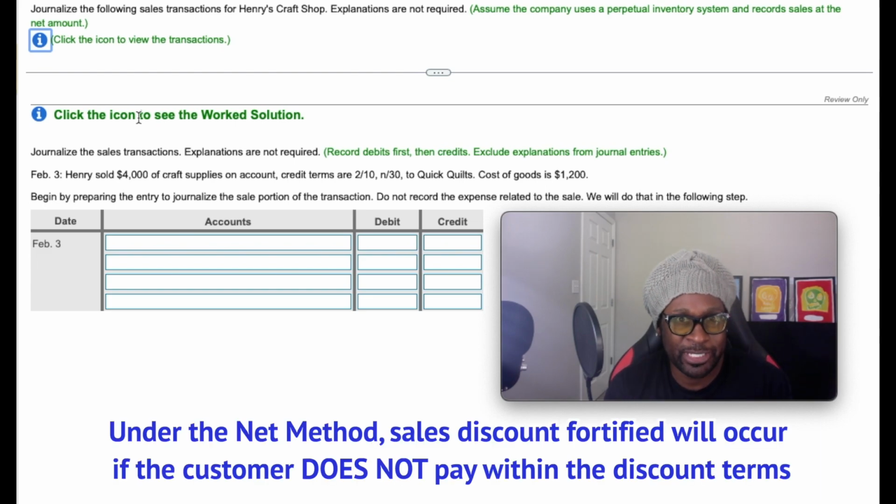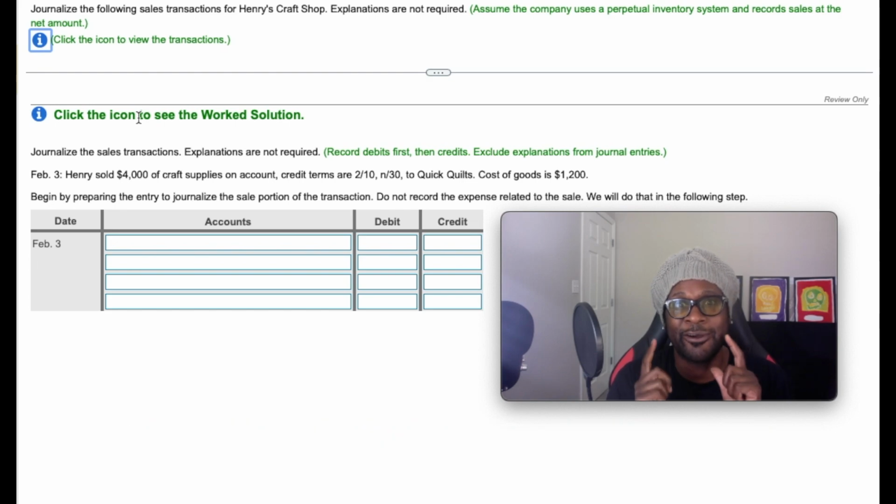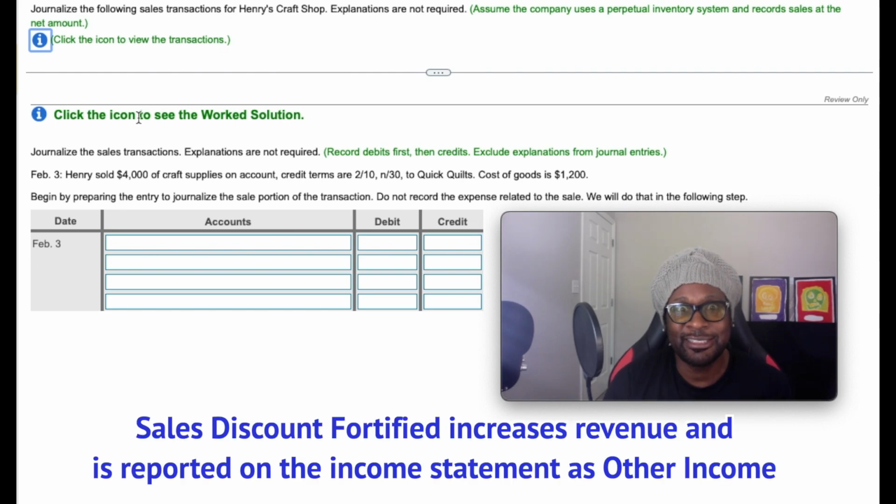With that being said, if the customer pays outside the discount terms, thus not truly utilizing the discount available, then the company must recognize an account called Sales Discount Forfeited. Sales Discount Forfeited is an other income amount, thus being reported on the income statement, that increases the amount of revenue that was actually earned to the initial sale.